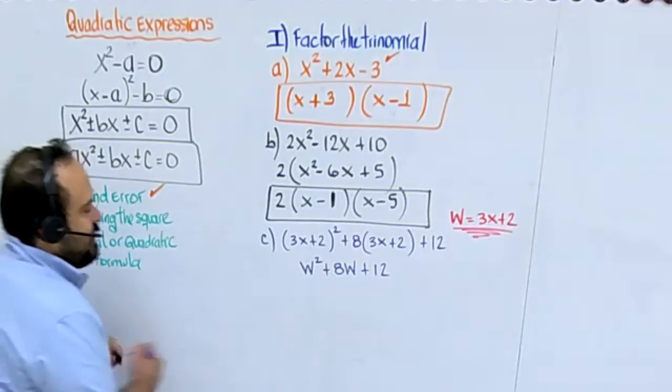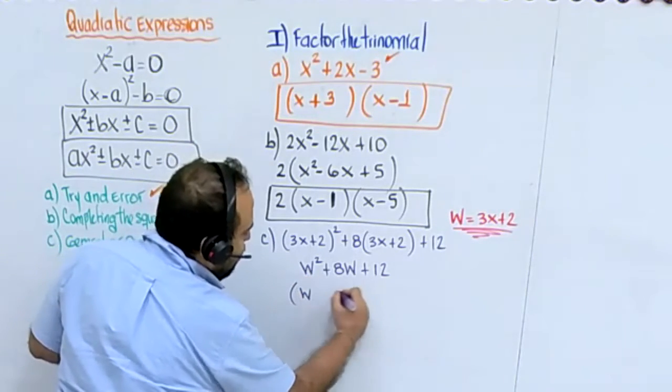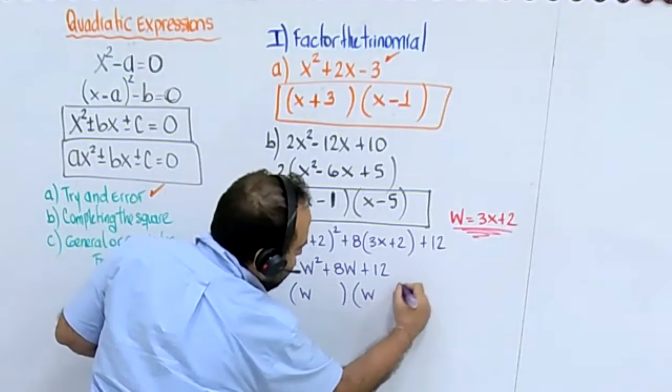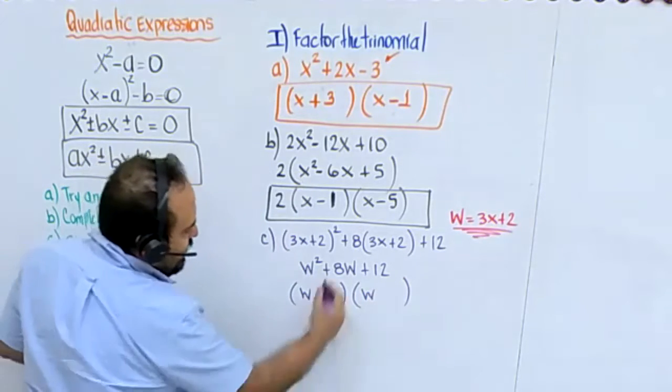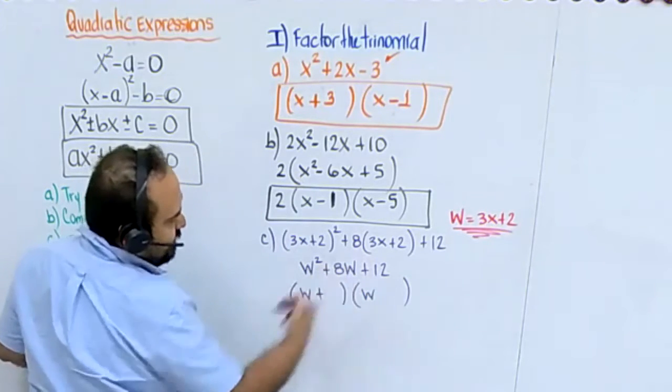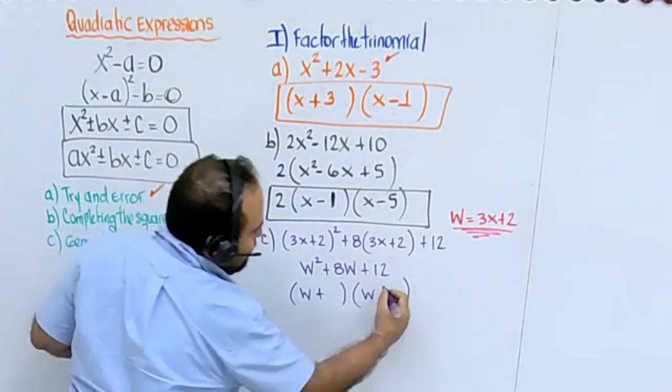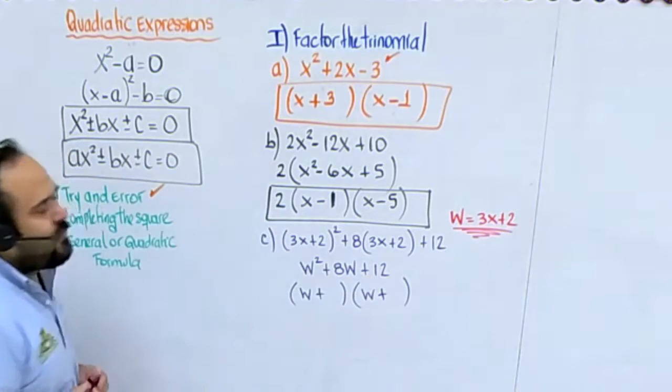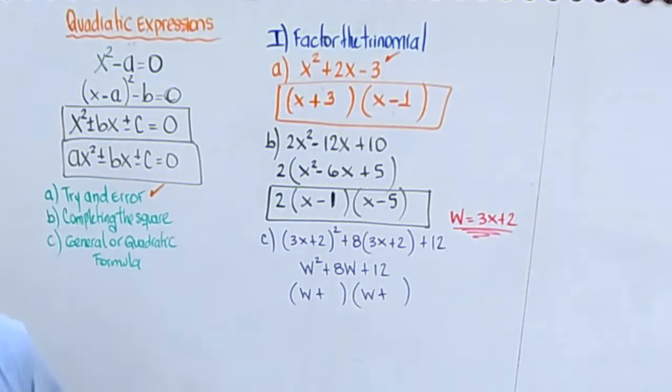In the same way, open parentheses W, W. We copy the first sign, positive. The other one is the product of the signs, positive times positive is positive. Now we have to look for two numbers whose product gave us 12 and, because we have equal signs, whose addition gave us 8.